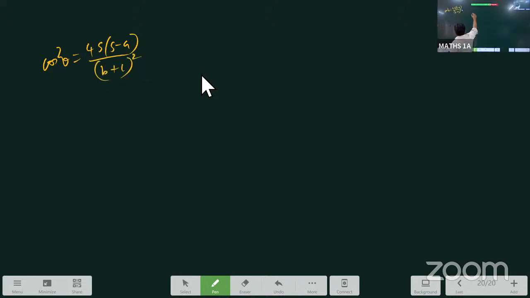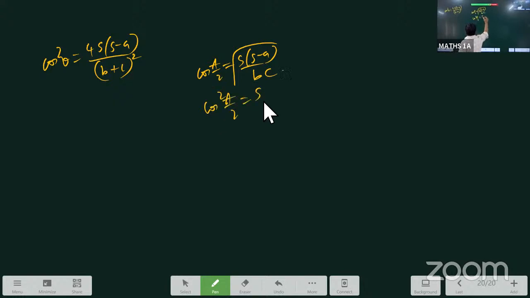Now actually, the cos A by 2 formula is under root of s into s minus a by bc. Then cos square A by 2 will be s into s minus a by bc.